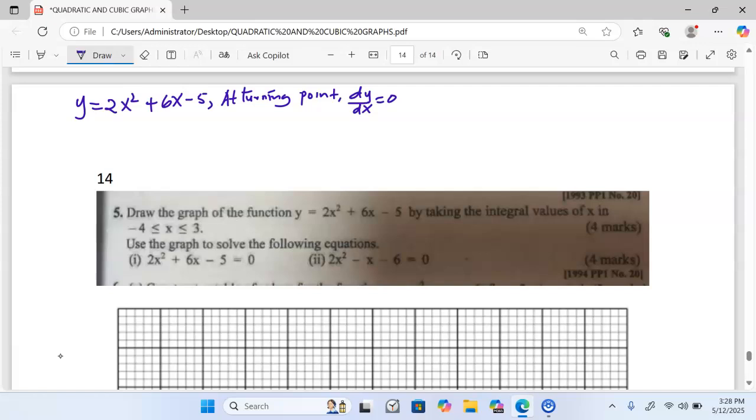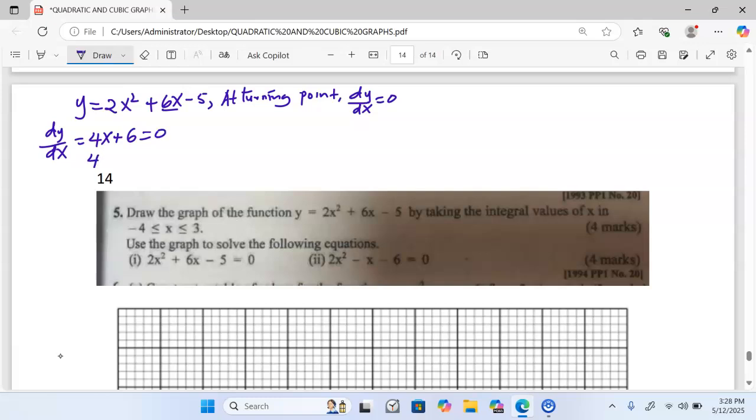the differential function of that curve is always equal to 0. That means we differentiate 2x² + 6x − 5. dy/dx: 2 multiplies down so that we have 4x, less 1 from the power, and when you differentiate 6x it gives plus 6, and this is equated to 0.